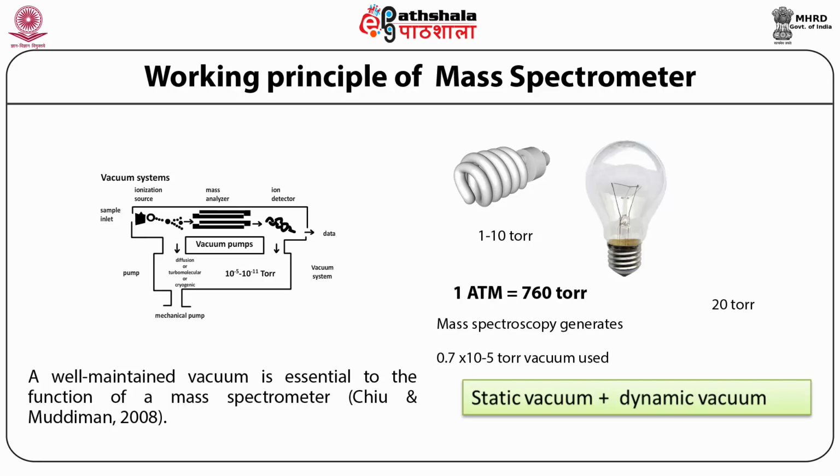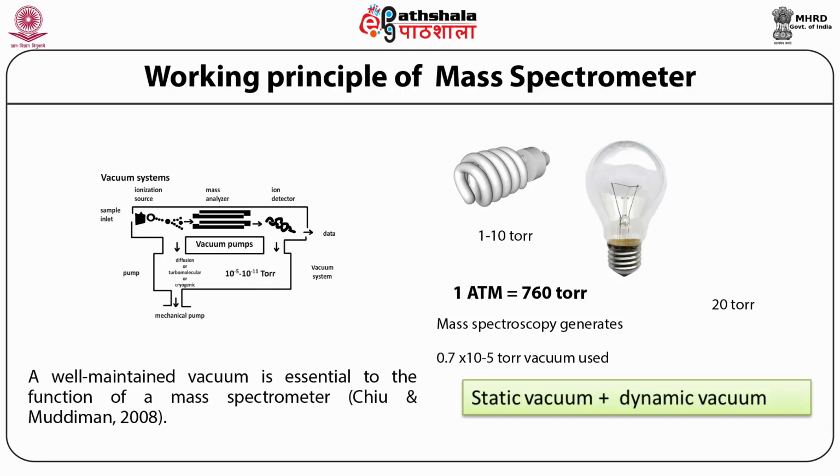The second is the dynamic vacuum. The moment you operate the instrument, so much gas enters at different places. For example, I told you that in Q2, the collision cell, you need ultra pure nitrogen running at high speed. That also disturbs the vacuum and has to be sucked away very fast. Therefore, turbomolecular pumps are used continuously to make this possible.